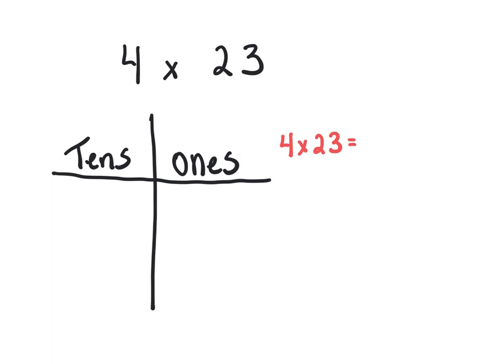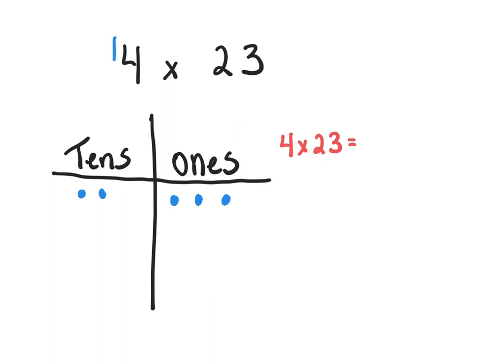4 times 23. Okay, so we're going to be using the place value chart along with the distributive property. So let's separate our 23. Okay, so we've got 3 ones and we have 2 tens.